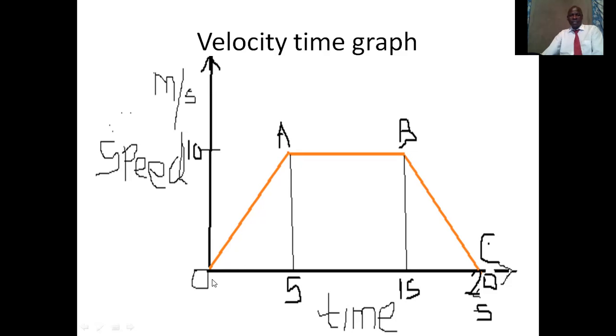Because the velocity is on the y-axis, our initial velocity would be 0, and then our final velocity would be 10. So if we are to calculate acceleration between 0 and A, we would say final velocity, which is 10, minus initial velocity, which is 0, divided by the time it took for this object to move from this point up to A, which is 5 seconds.